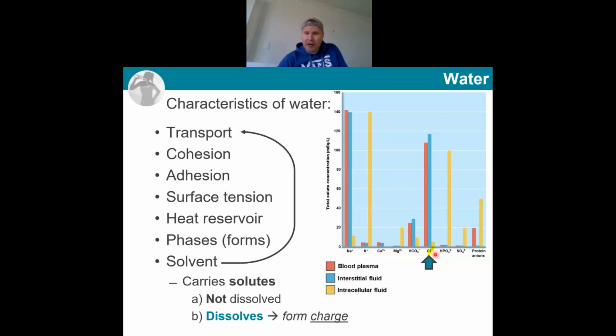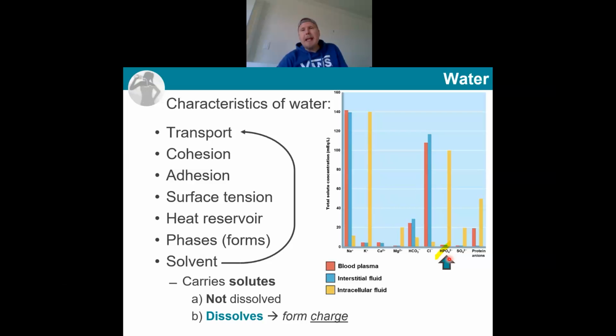Here we see chloride, for example, in great numbers in the blood and interstitial fluid. We also see bicarbonate, in some amounts. That was the carbon dioxide transport in the blood that we discussed in our previous chapters. And then we see various hydrogen derivatives as well, mainly in the intracellular fluids.